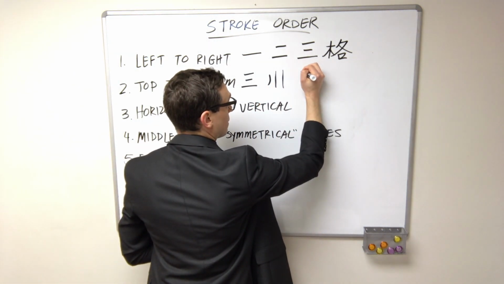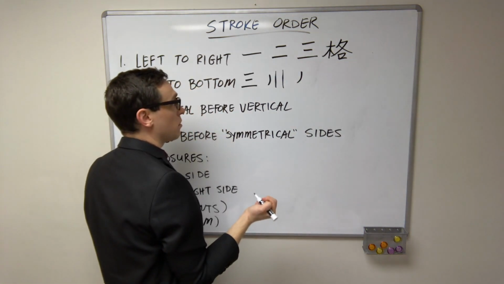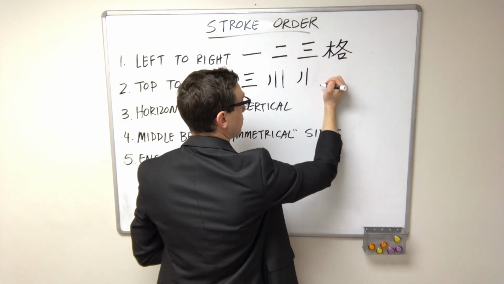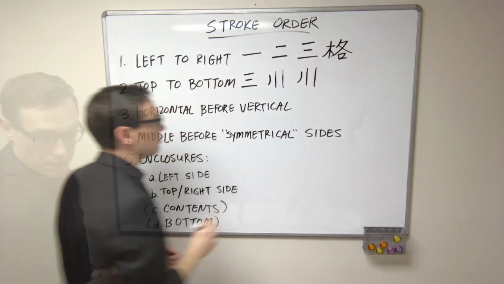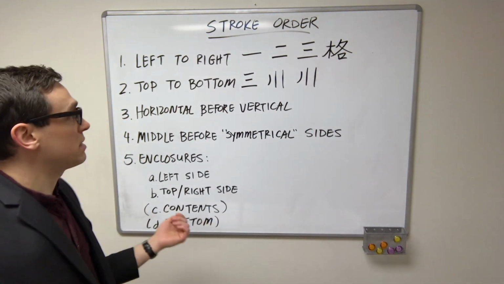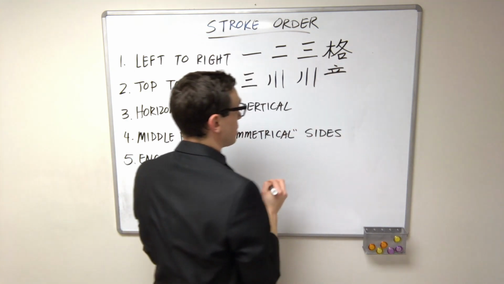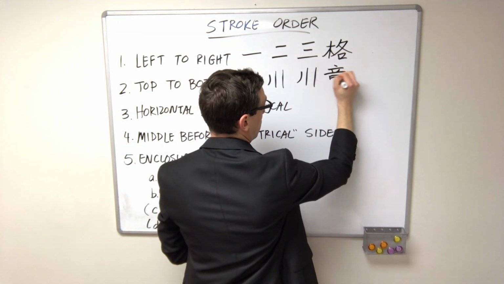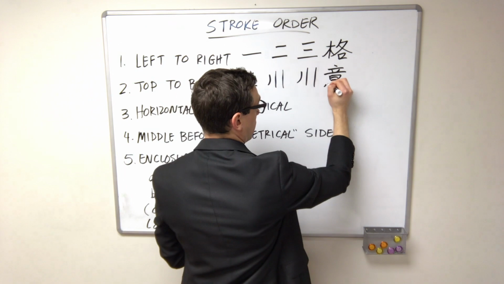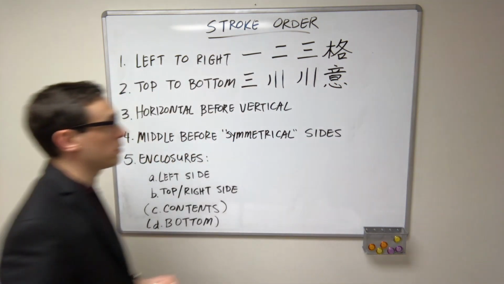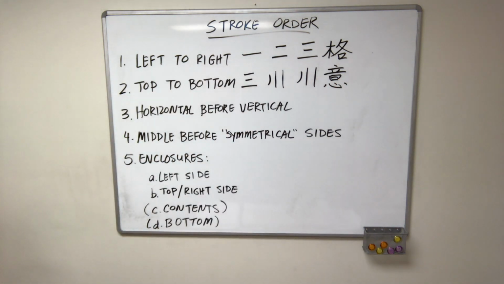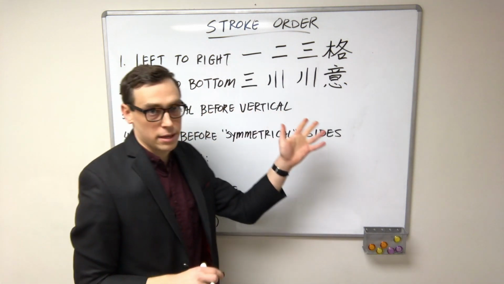We start at the top, go down. Start at the top, go down. Top, down. Even more complex characters, for example, E. We have this top part, then the middle part, then the bottom part. Top to bottom. All right? That's another general guideline.